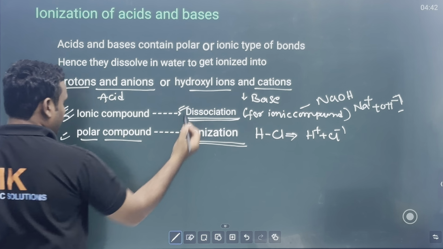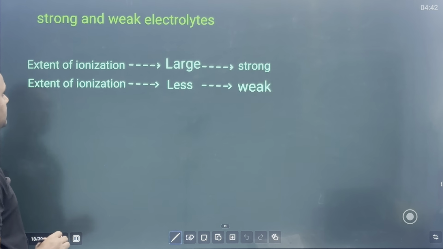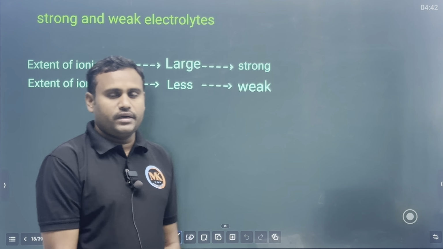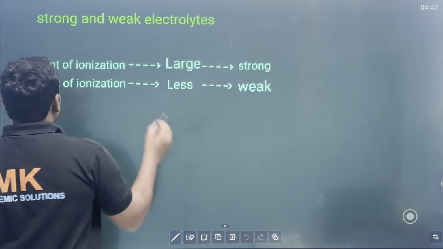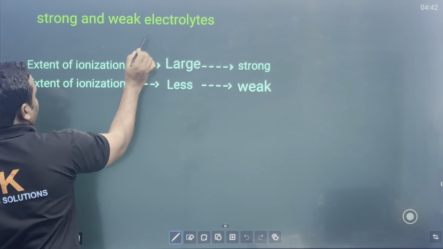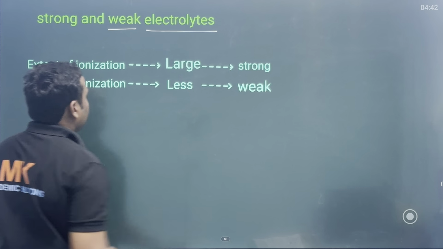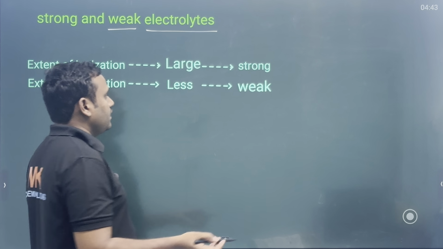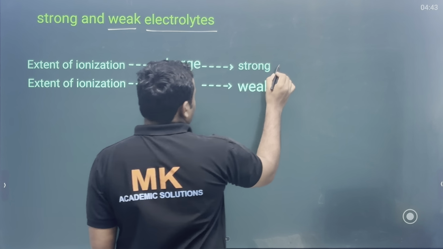Dissociation and ionization. Next, let us see the strong acid and weak acid, or strong electrolyte and weak electrolyte. So, what is a strong electrolyte and weak electrolyte? Strong electrolyte means the extent of ionization is more, or large. They are called strong acids and strong bases, strong electrolytes.